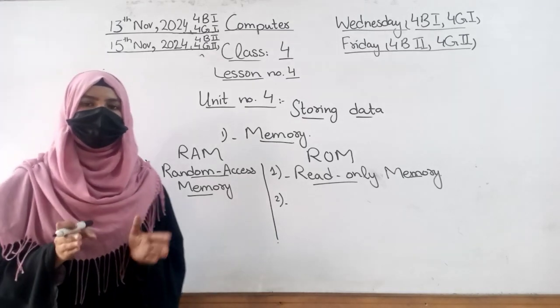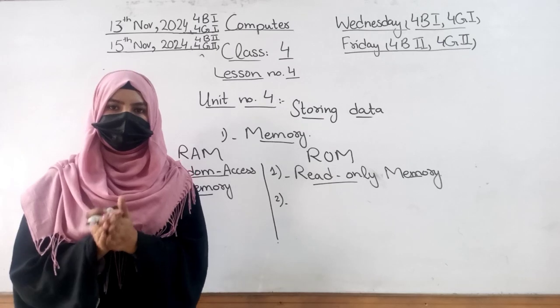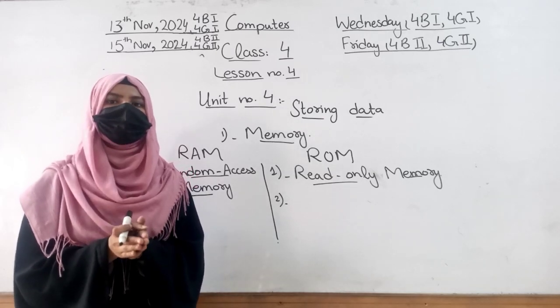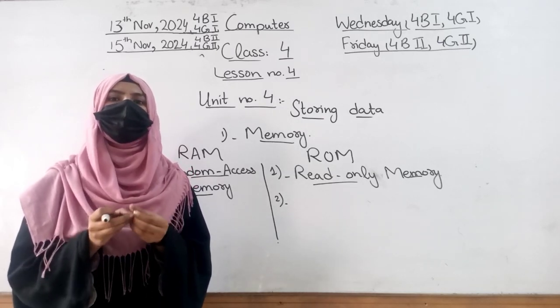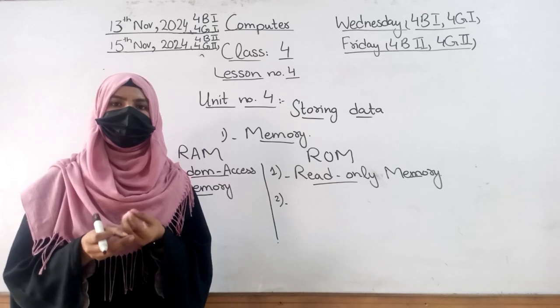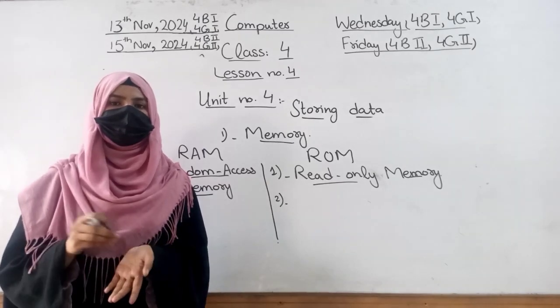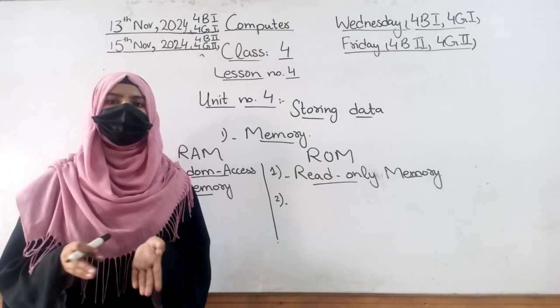The data is available to you when you are running something on the computer, you are doing something on the computer, and suddenly if the computer switches off, the data will be lost.